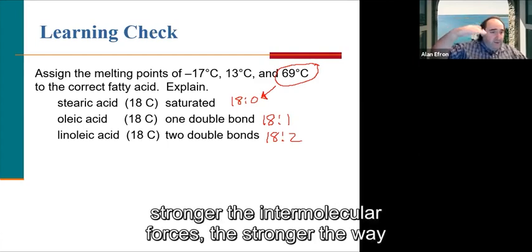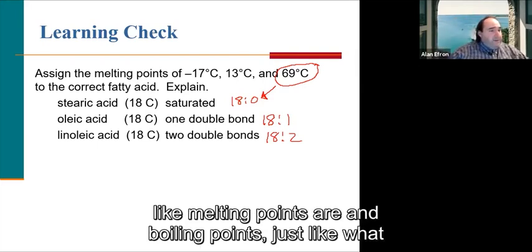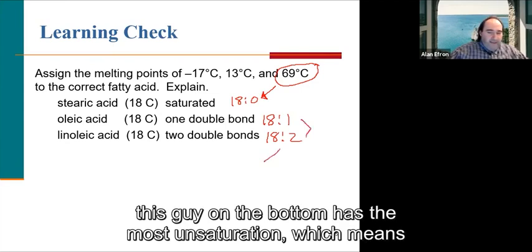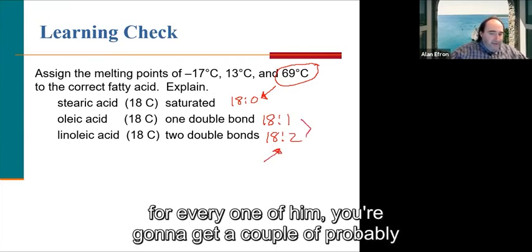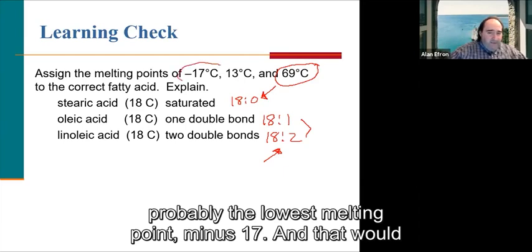Because remember, the stronger the intermolecular forces, the stronger the way they're able to interact with each other, the higher things like melting points and boiling points are, just like what we saw in organic chemistry. Now, these both are unsaturated, but this guy on the bottom has the most unsaturation, which means for every one of him, you're going to get a couple of kinks in that chain, and he should end up with probably the lowest melting point, minus 17.